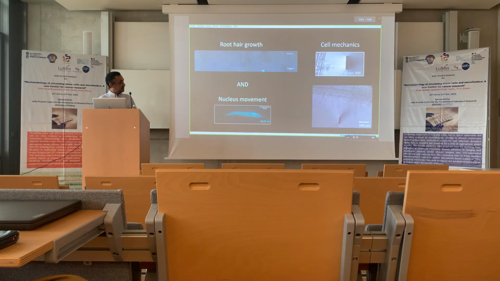So I want to show some pictures. You have a central channel with a root coming in, and lateral channels. You will see the root hairs with the nucleus labeled with fluorescence, and they go laterally, and you see the nucleus going inside.